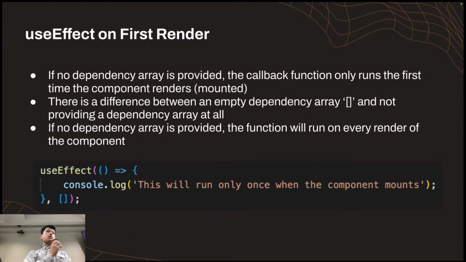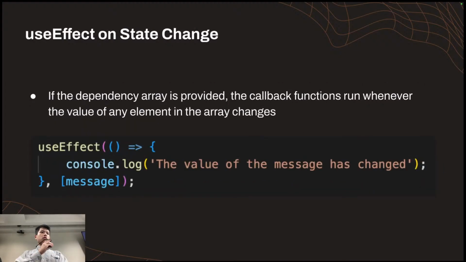So to use useEffect on the first render, you can give it an empty array instead of no dependency array, because no dependency array will run every time it renders. So, useEffect on state change. If you have a dependency, like message as a state, it will log every time the message changes.